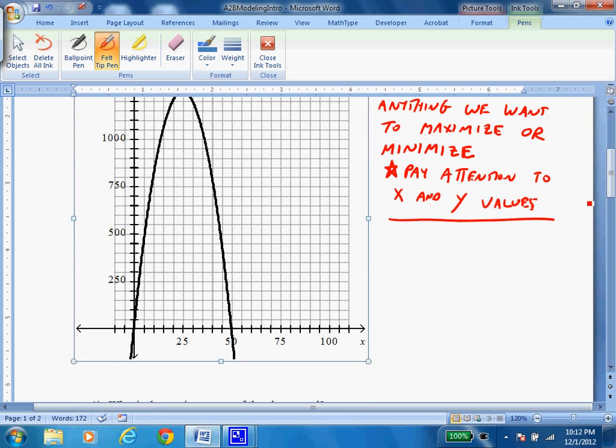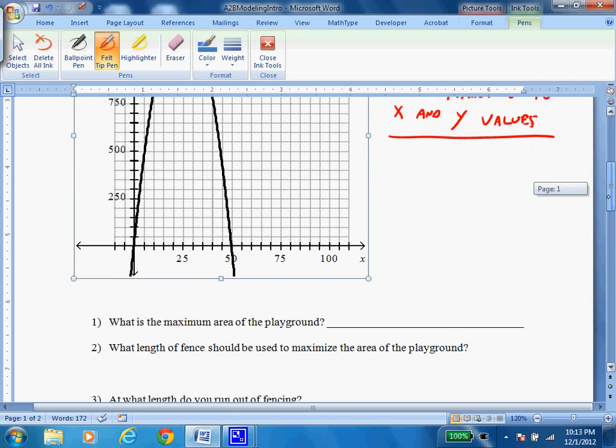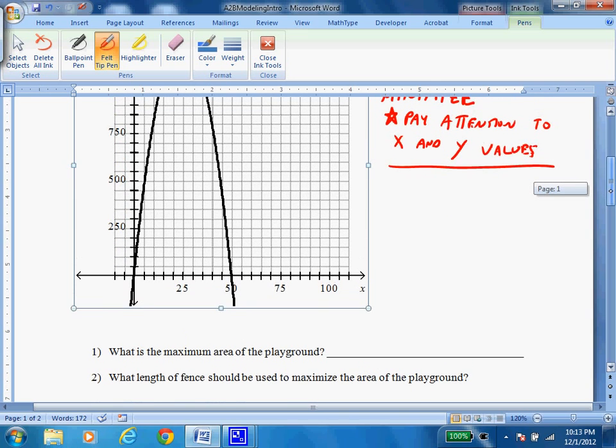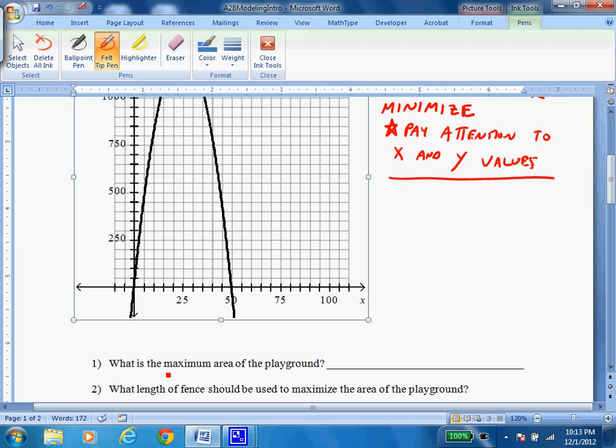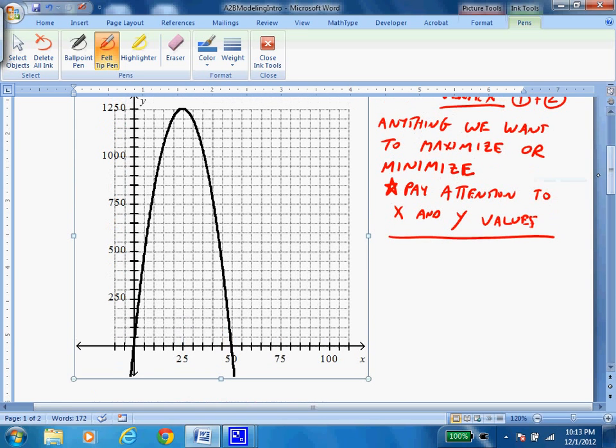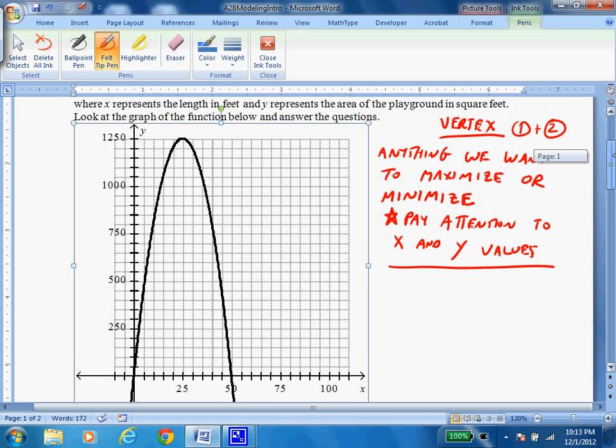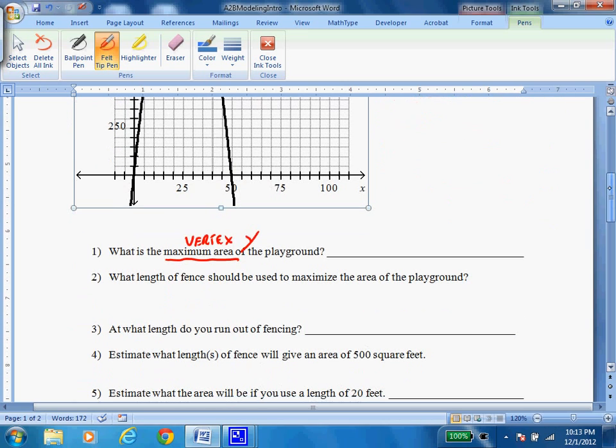So taking a look at the graph, we'll notice that for 1, it's asking for the maximum area, which tells us we want the vertex. And since it's area, we want the y value. So when I look at the graph and I look at where the vertex is, I see that the vertex is at 25, 1,250.